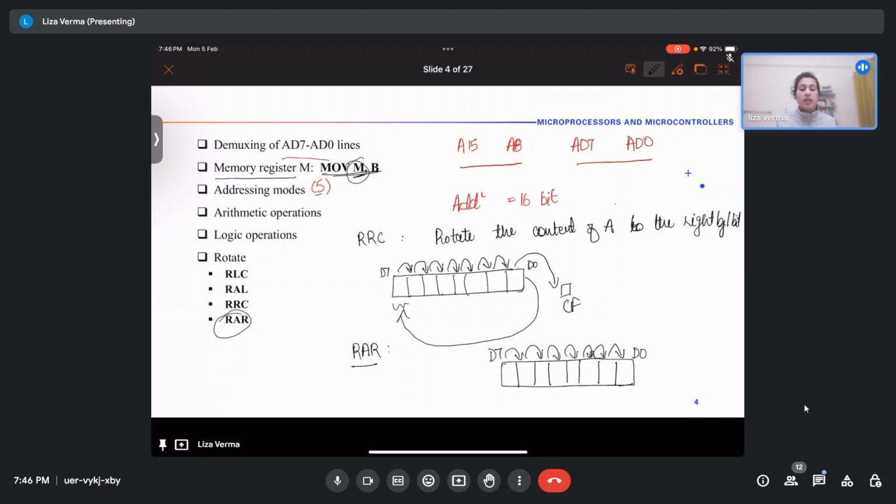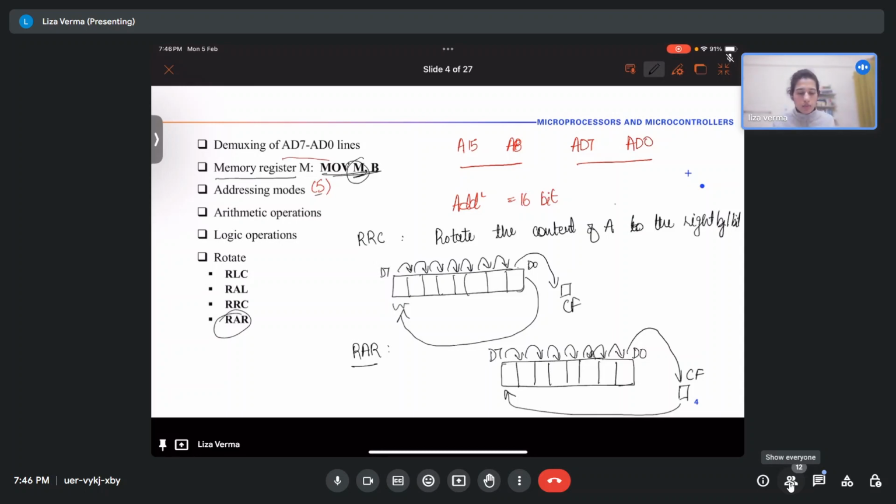And what will D7 get? Now D0 will go to the carry flag and the value of the carry will go to D7. Yes, exactly. So D0 goes to the carry flag, and the carry flag goes to D7. I think everyone understands this. Someone asked me to explain it. Is this clear?